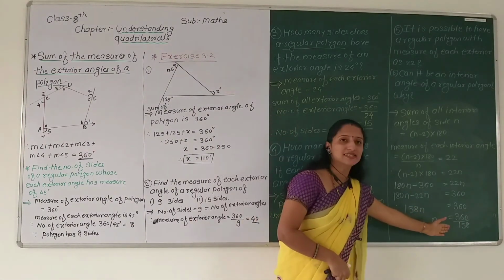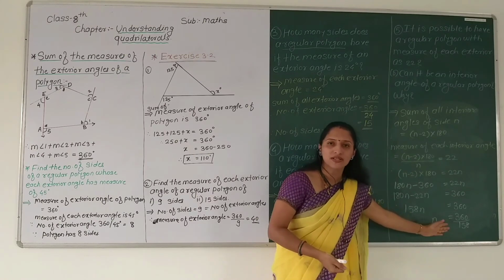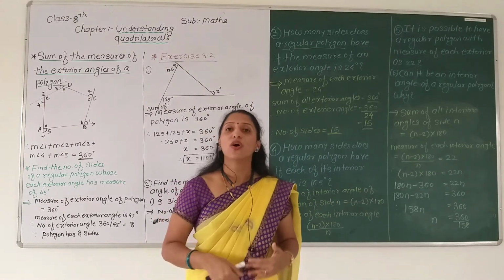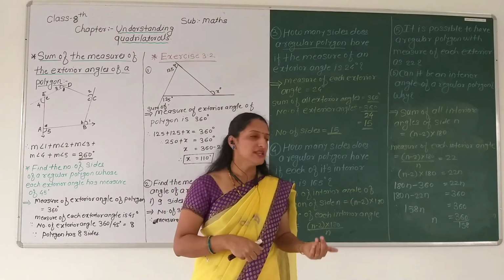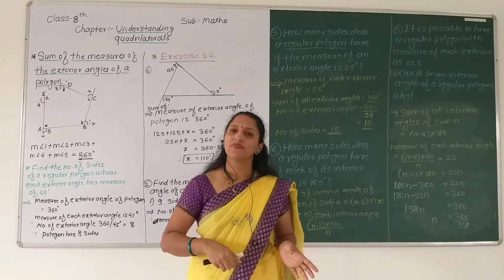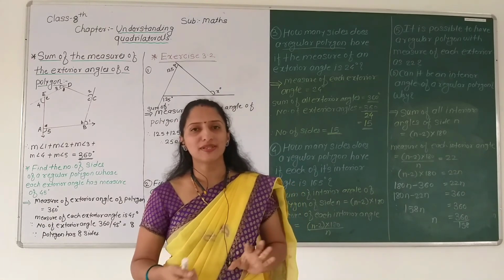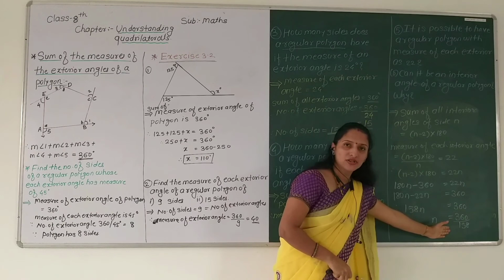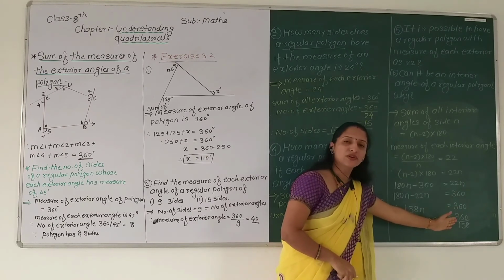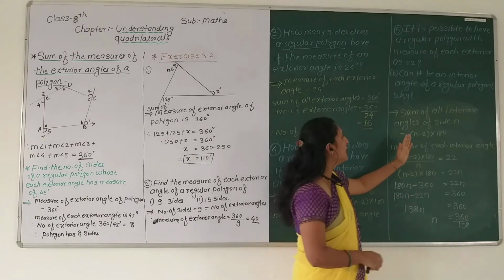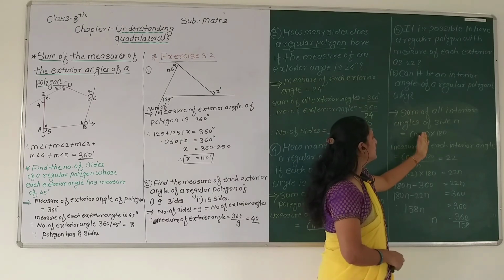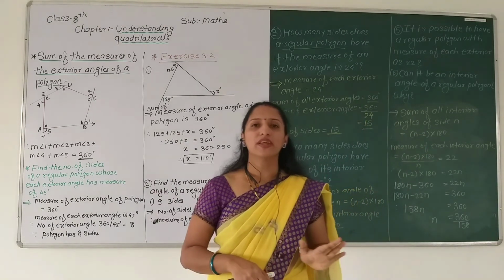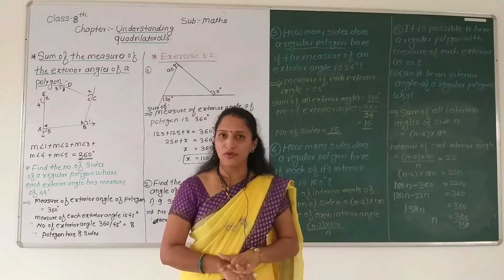Sides are not fractions, sides are whole numbers. We can write the number of sides as a whole number, and here we get a fraction. So this is a contradiction with the fact that an interior angle of 22 degrees is possible for a regular polygon.